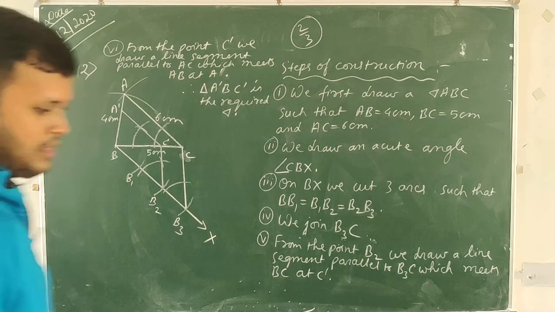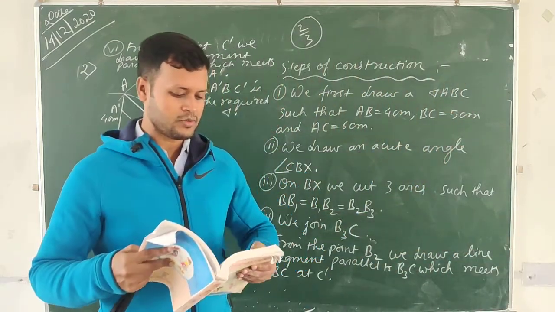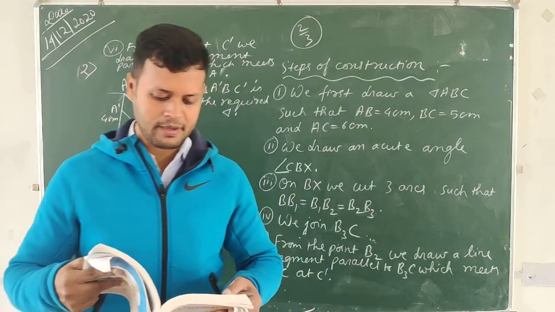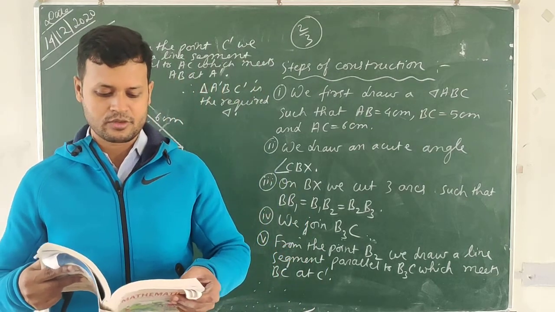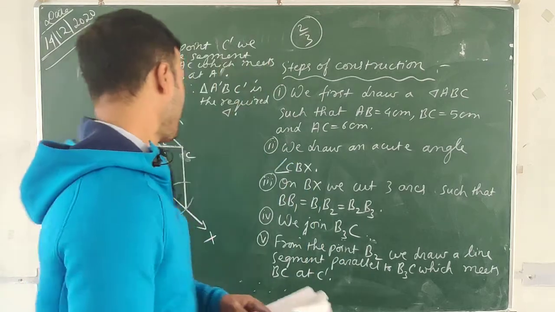So students, the question was like this: construct a triangle of sides 4 cm, 5 cm, and 6 cm, and then a triangle similar to it, whose sides are 2 by 3 of the corresponding sides of the first triangle.